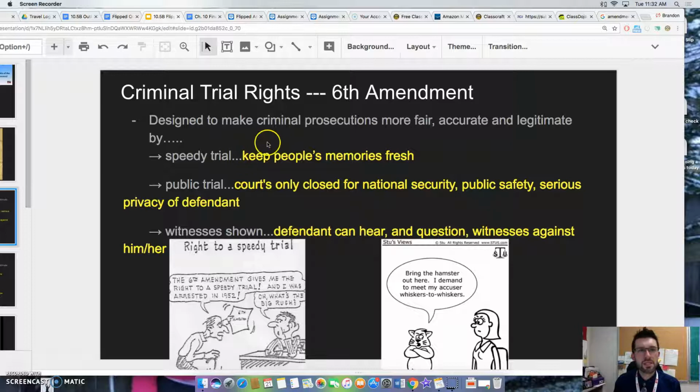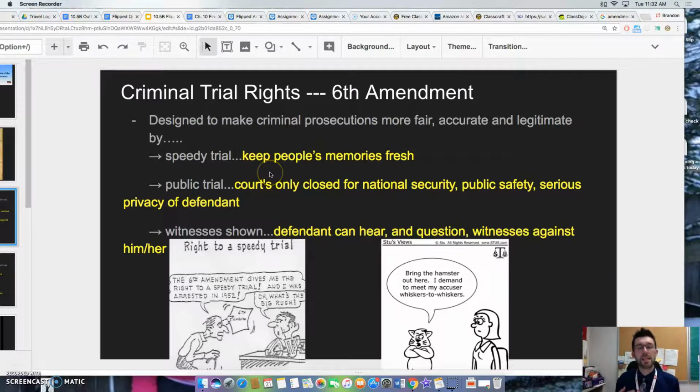Now, the Sixth Amendment was designed to make criminal prosecutions more fair, accurate, and legitimate. And that's done through 5 different actions. Now, the federal government also has state courts use these 5 basic items as well. The first of the 5 is that people who are accused of a crime are allowed to have a speedy trial.